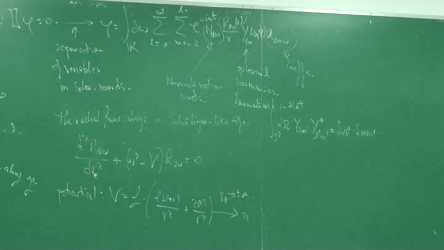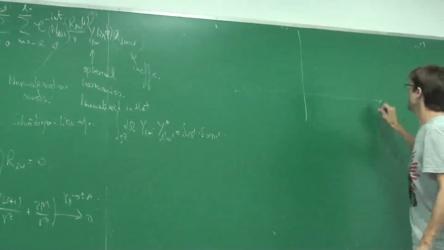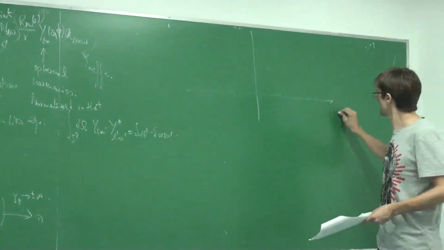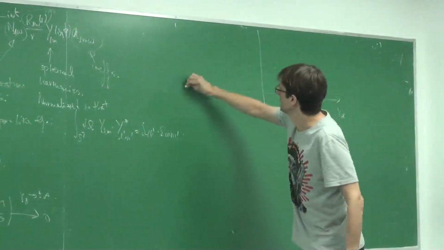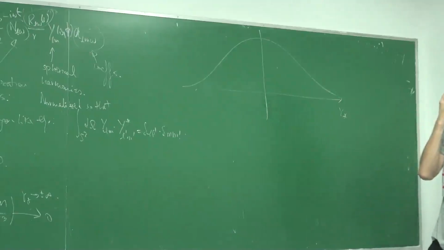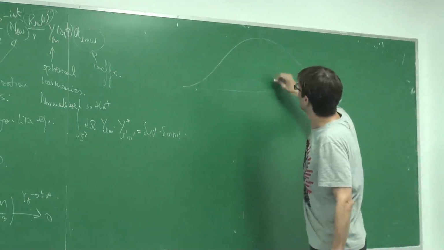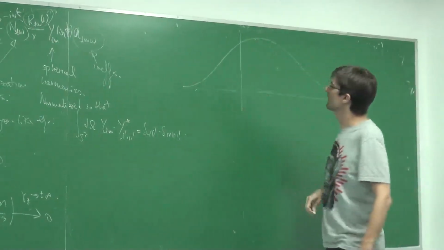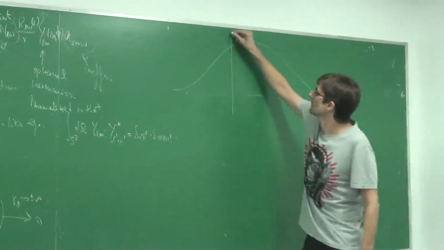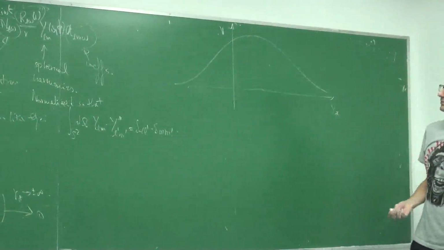So you know how to deal with this, at the very least from quantum mechanics. You've got a potential, it doesn't have to peak at r equals 0, it peaks wherever. And it's just a Schrödinger-like equation.